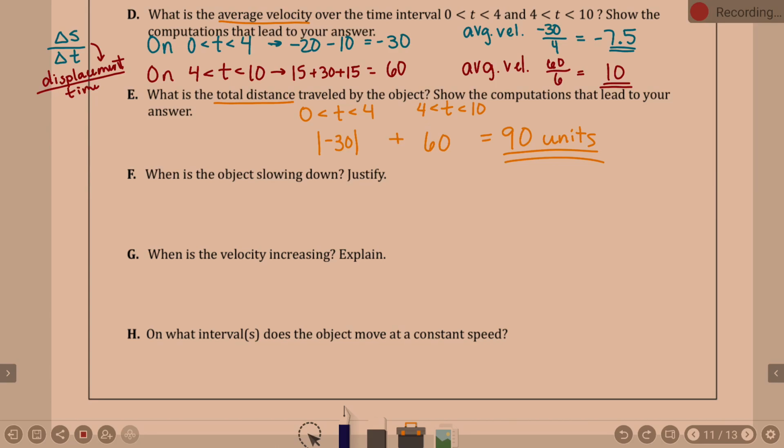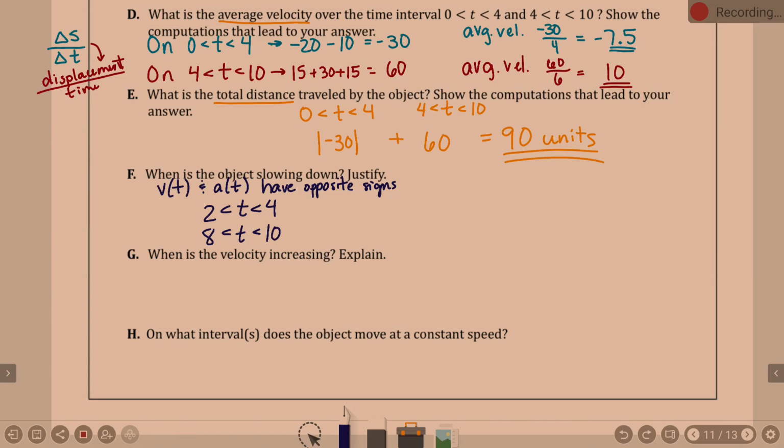When is the object slowing down? 2 to 4 and 8 to 10. And that is because velocity and acceleration have opposite signs.